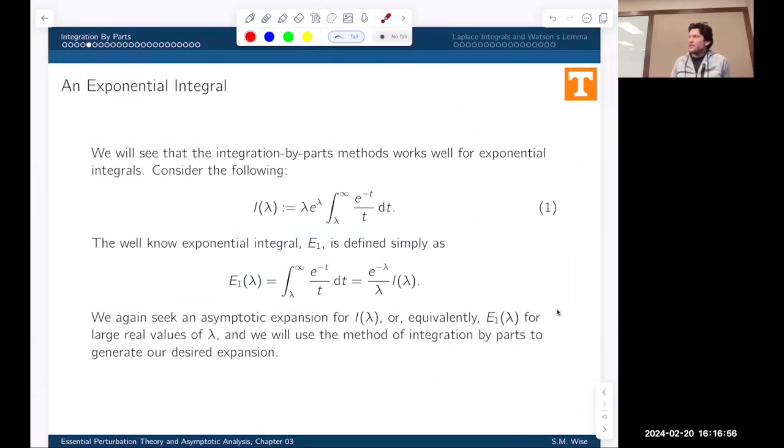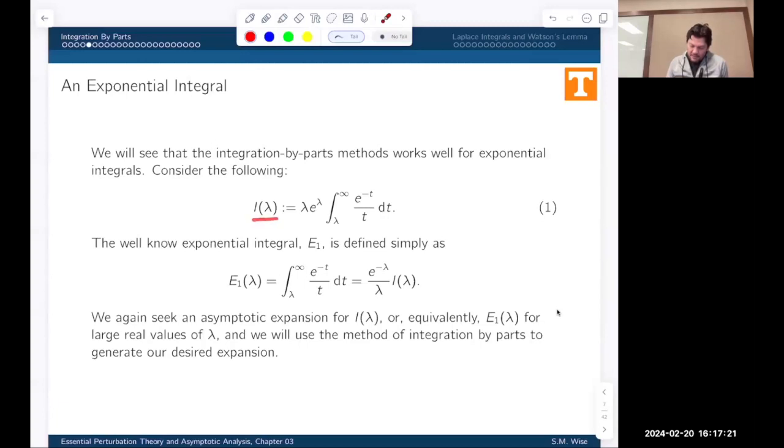So let's first start with an exponential integral. Actually, the way this is laid out in the notes, which are also posted on Canvas, and the way this is laid out in the slide deck is a little bit reversed. I realized I was doing a simpler problem later, so I put the simpler problem first. So let's deal with this exponential integral.